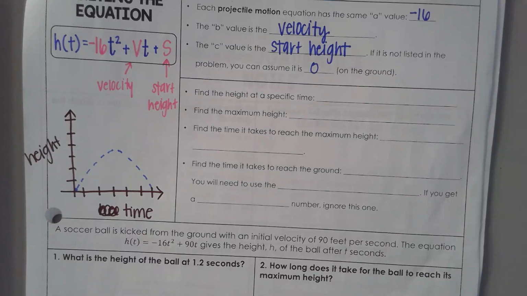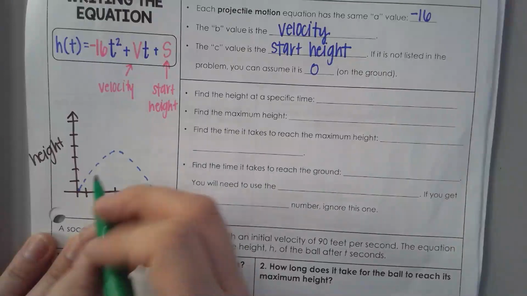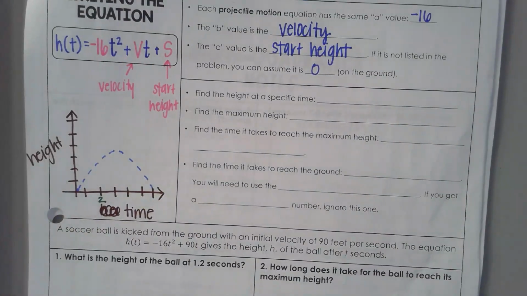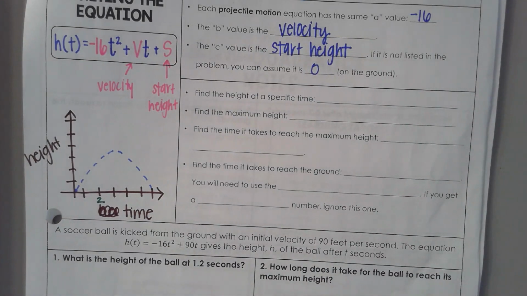So the first question that I could ask you, or one type, find the height at a specific time. So what if I say, what is the height at 2 seconds? Now I'm not going to be giving you the graph, I'm just going to be giving you the equation. So how could you find the height if I give you the time?